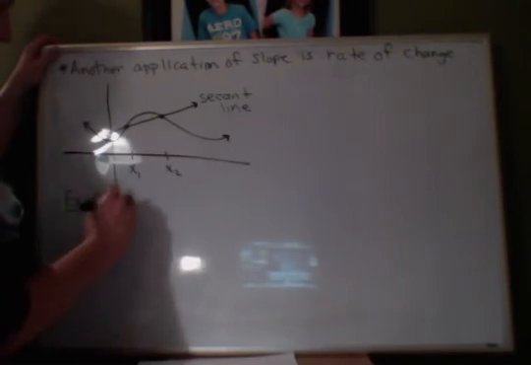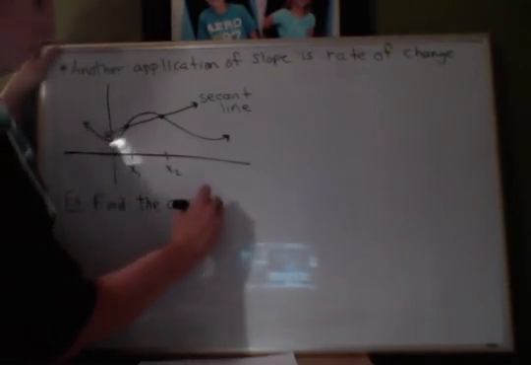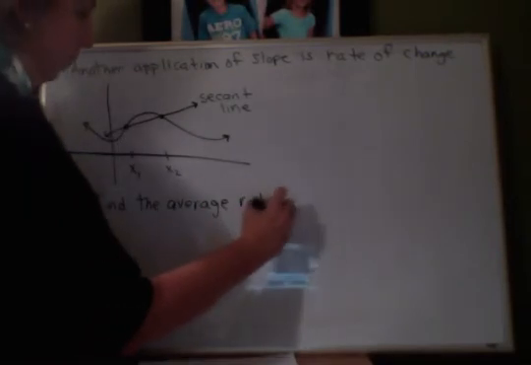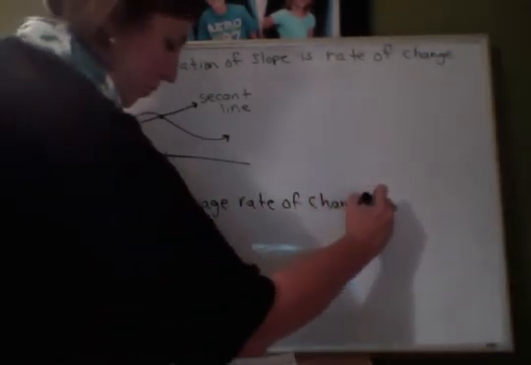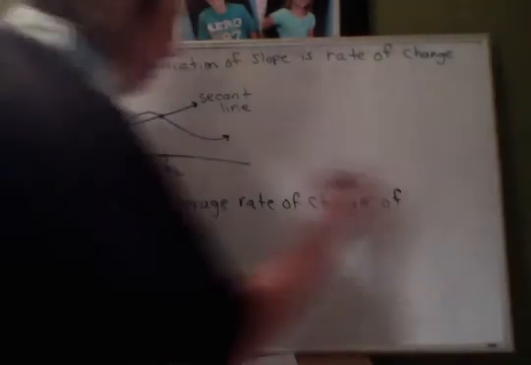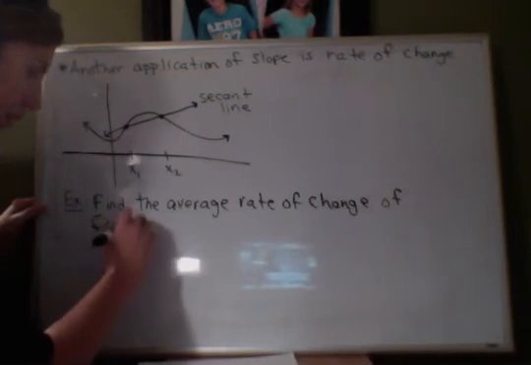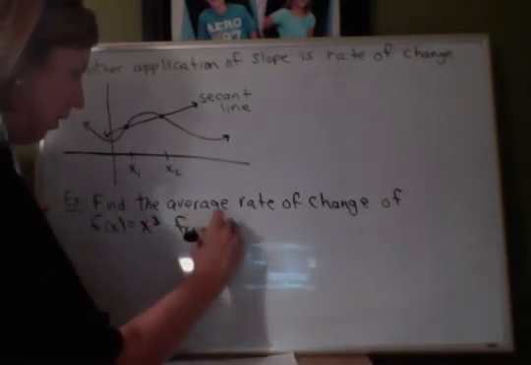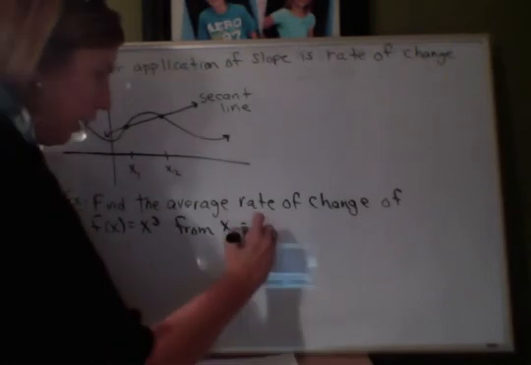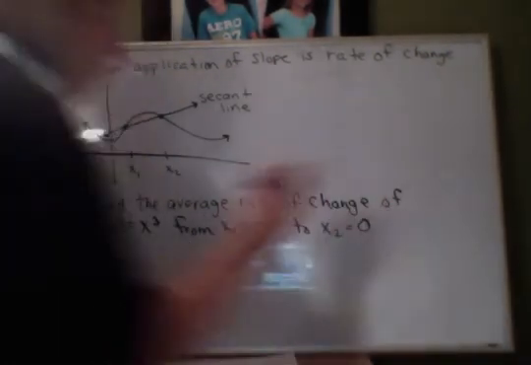Find the average rate of change of f of x equals x cubed from x1 equals -2 to x2 equals 0.